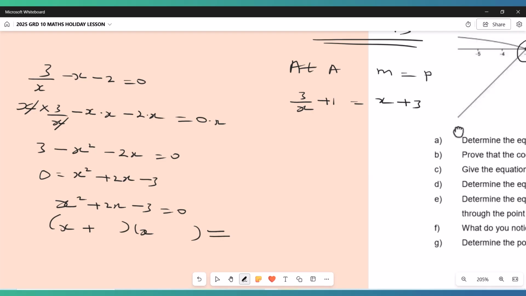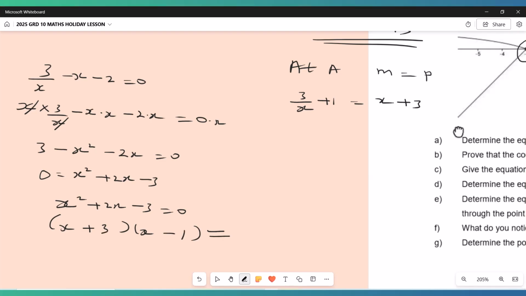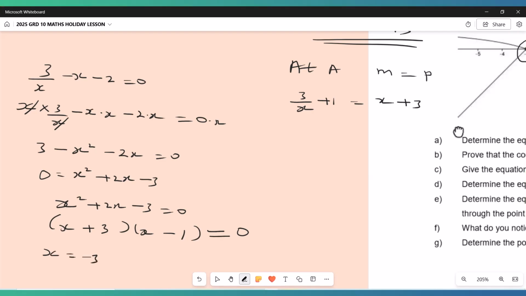So I'm going to say positive 3, right? And negative 1. Is that fine with you guys? So meaning that in this particular case, either my x equals negative 3 or x equals positive 1 from the two factors here.